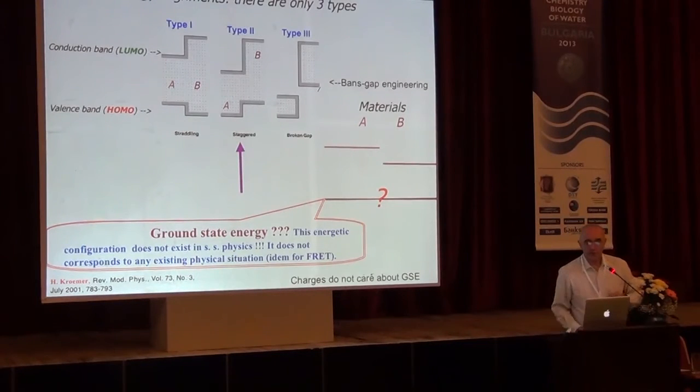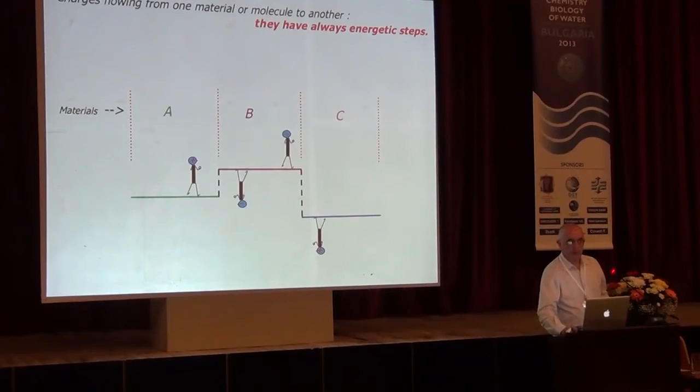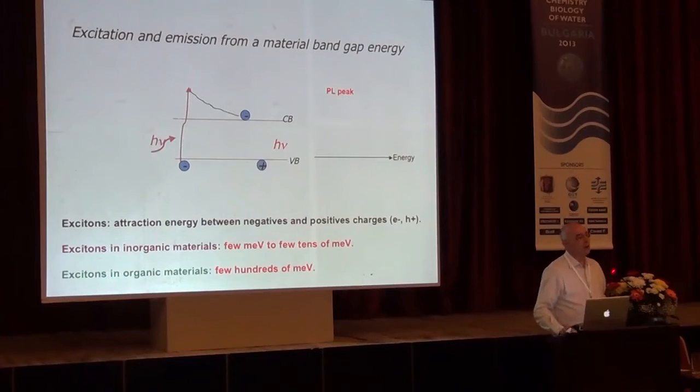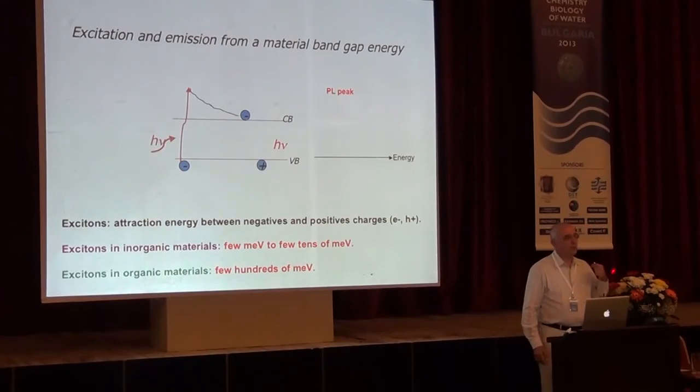With this ground state energy, we cannot say that charges are moving this way, or that we can separate charges. So when you have several materials, we always have barriers or not barriers for charge traveling from one material to the other, because we're looking for a system that can separate charges.